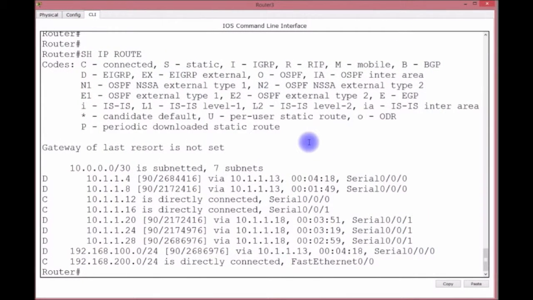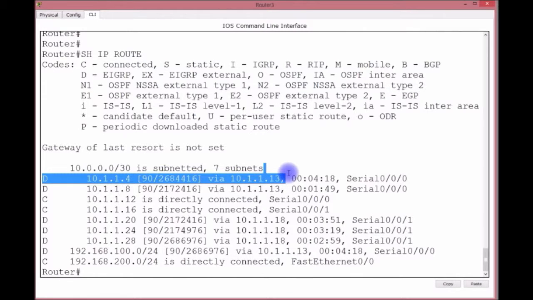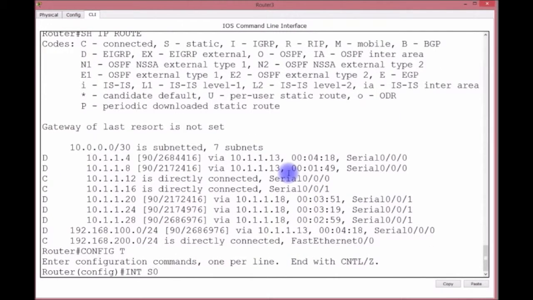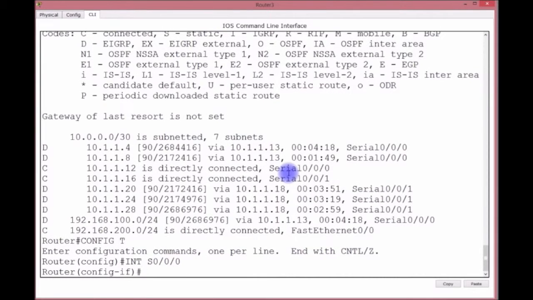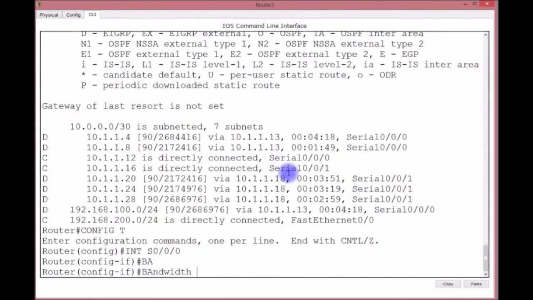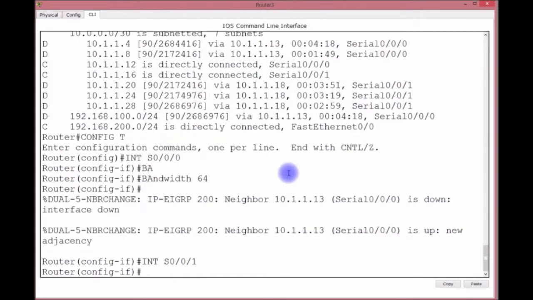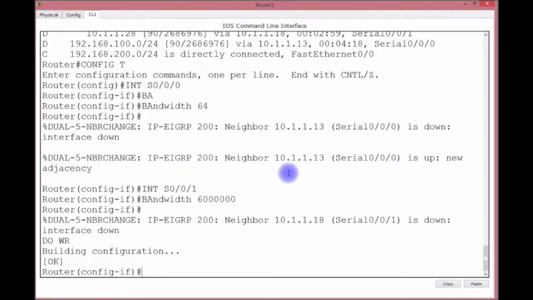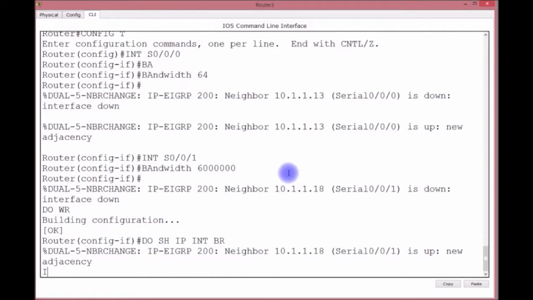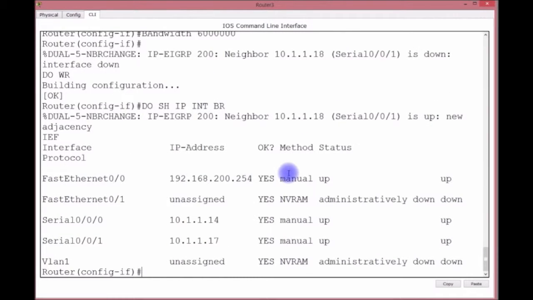So we're going to go into our, make sure I'm in here, config t, interface S0/0/0, and then we're going to do bandwidth 64, and then 0/0/1, and then we do bandwidth 6 million. Let's copy that, do WR, do show IP interface brief. I'll keep copying. Hopefully, okay, cool.